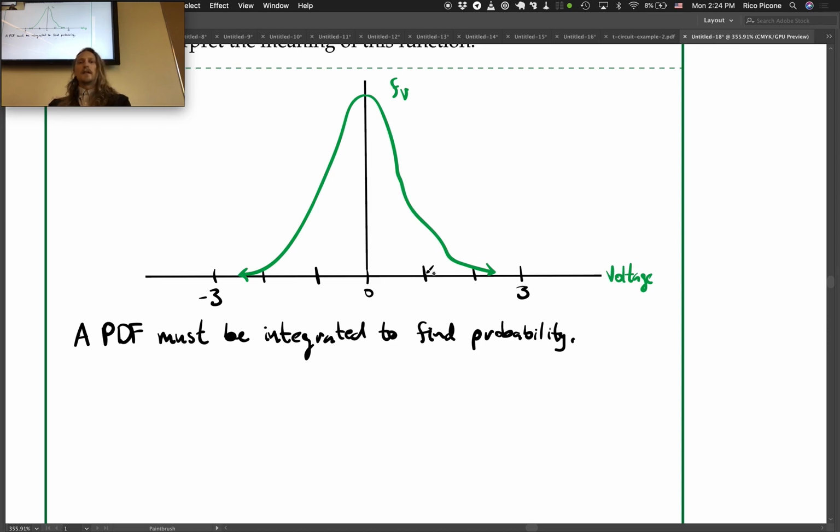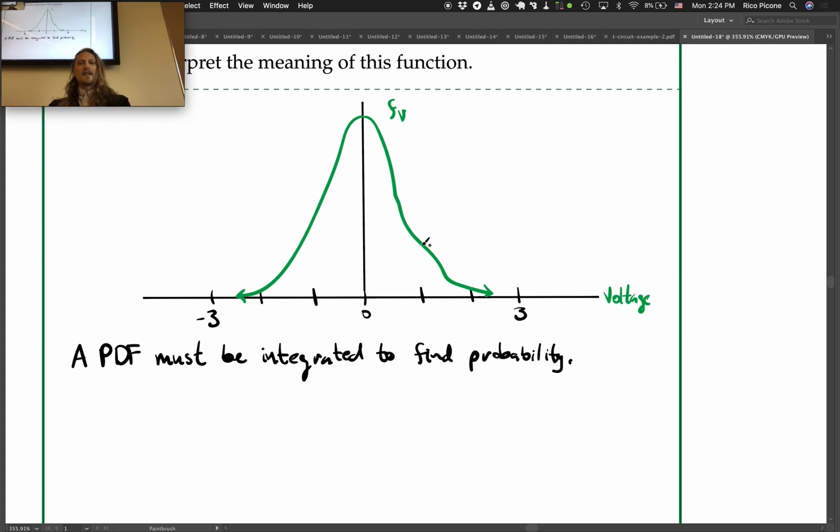It's the probability that you're going to get exactly 1 volt in this resistor randomly. But what is it for exactly 1 volt? 0. Yeah. You have to integrate over some non-zero section of this to find out. So you can find out the probability that it lies under this curve in some region, but the value of the probability density function at a given point is not the probability of it taking on that point.